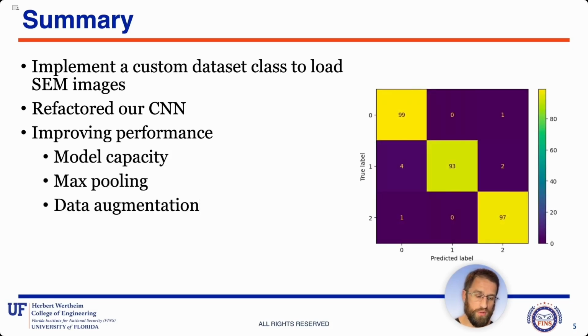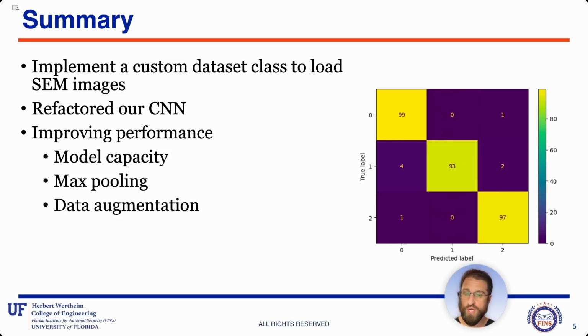We also looked at ways of improving performance of our classification task by modifying the size of our model, either through changing how many layers we've implemented, or the architecture design, as well as adding max pooling layers, which also reduced the number of parameters in our model and how that relates to the data set size. Because we had a much smaller data set than we saw in our first part, where the CIFAR data set had tens of thousands of images, we only had on the order of around 3,000, but we were able to get decent performance with a smaller model as opposed to a larger model.